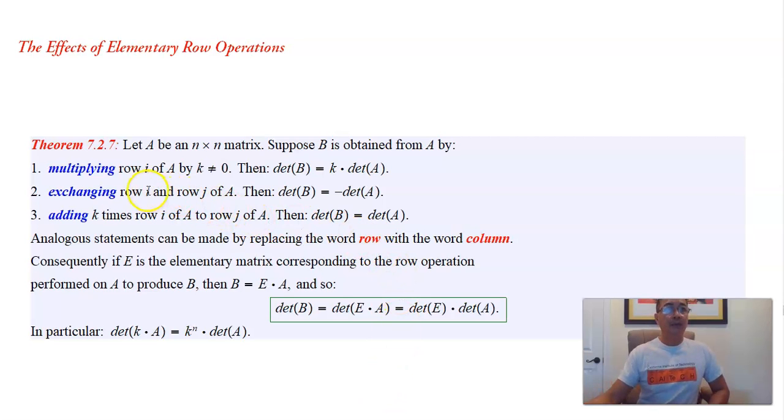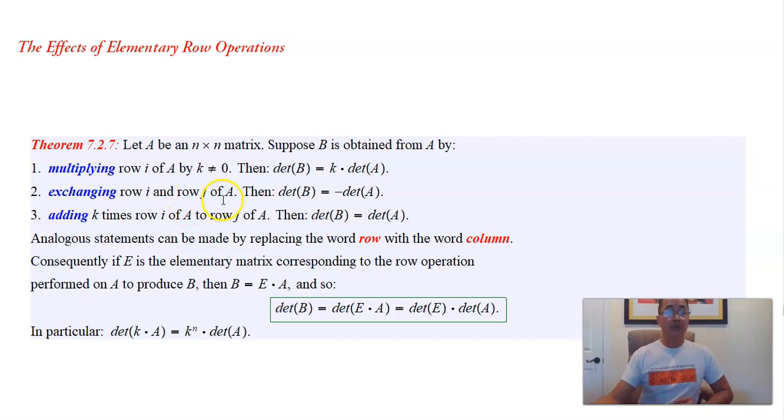If you do it by multiplying row i of A by k, a non-zero number, then the determinant of B is k times the determinant of A, your original matrix.